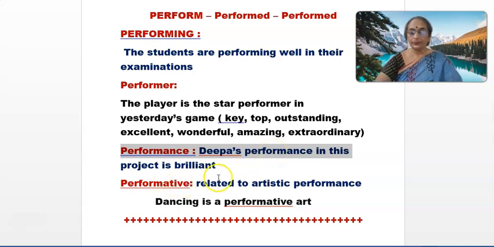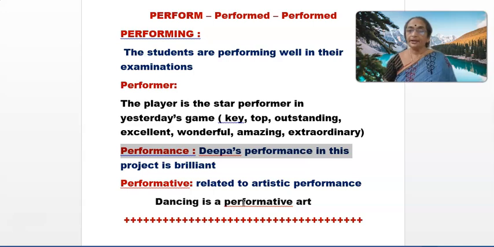Now performative. This is less used, in fact, in our daily English, but please focus on this also. Make it your own in your daily English. Performative means related to artistic performance. For example, dancing is a performative art. What do you mean by performative here?